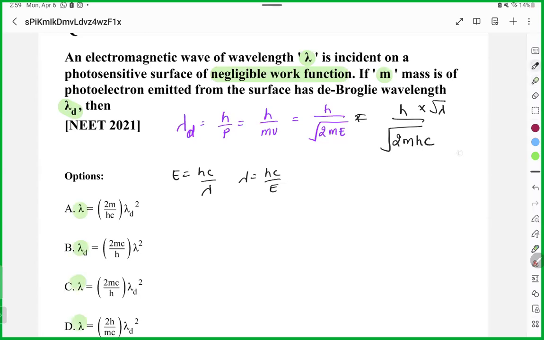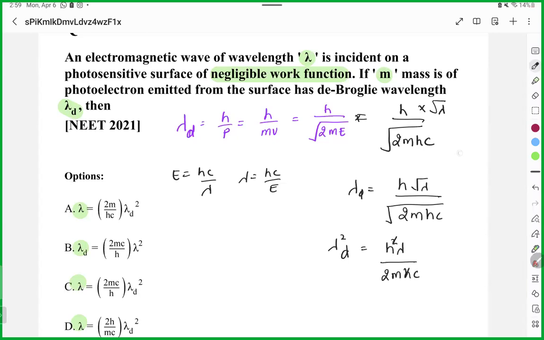So if you calculate lambda, square both sides, because our formula is lambda d equals h upon under root 2m hc by lambda. Correct? Take square both sides. Lambda d square is equal to h square lambda divided by 2m hc.